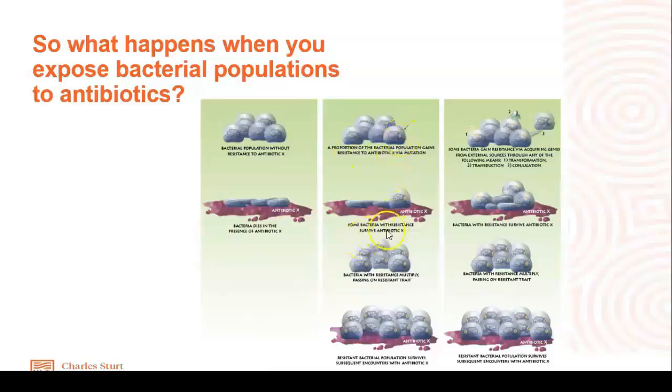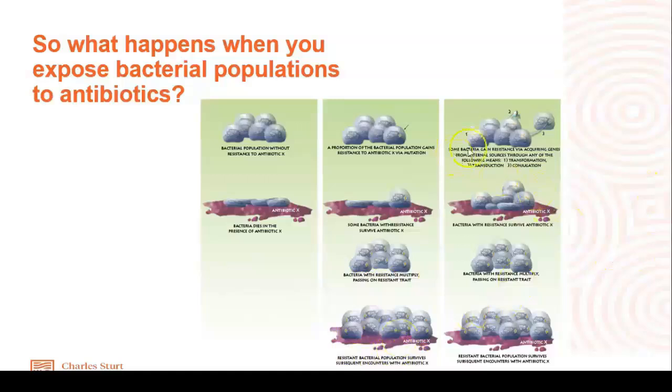So some bacteria with resistance, you can see this one here, survive. Most of them are killed, but this one has the resistance, so it survives, and then it multiplies, passing on that resistant trait, and what you end up with is a resistant bacterial population surviving subsequent encounters with the antibiotic X, so it no longer works.